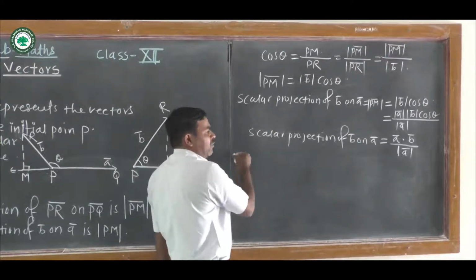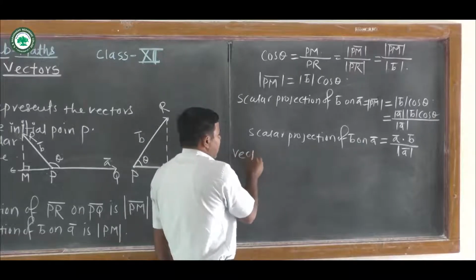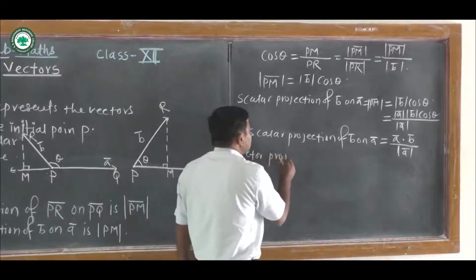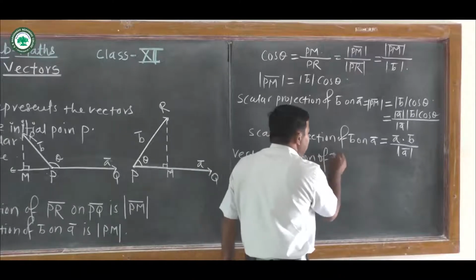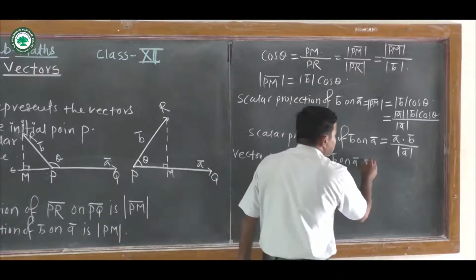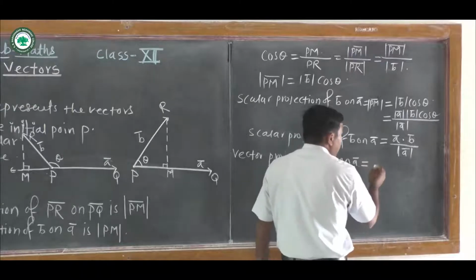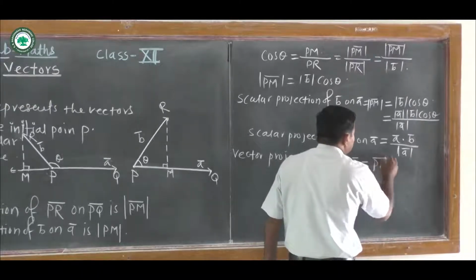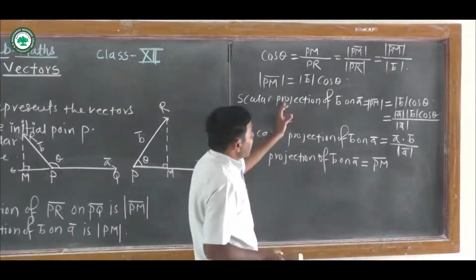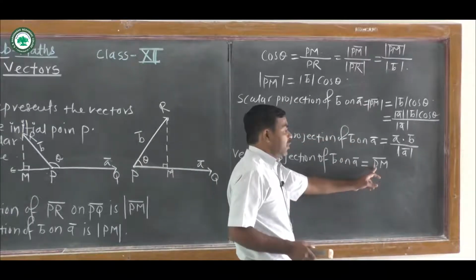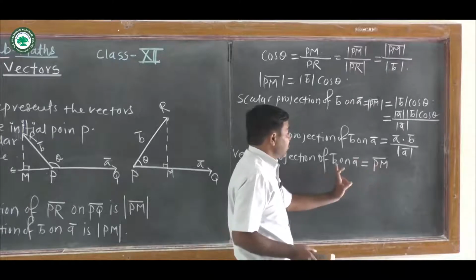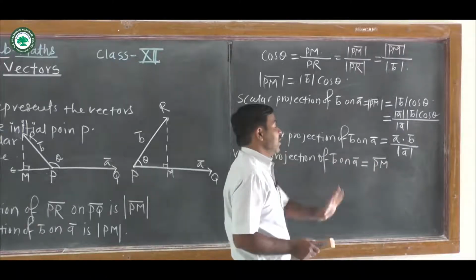Similarly, we can find the vector projection. The vector projection of B bar on A bar is equal to vector PM. See, the scalar projection is the magnitude of vector PM, and the vector projection is vector PM.